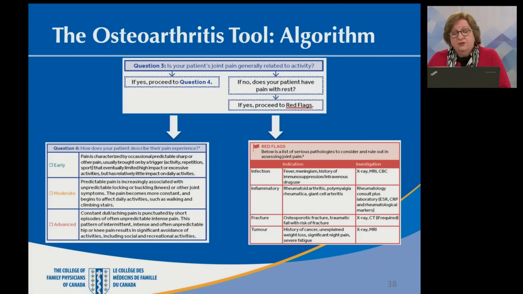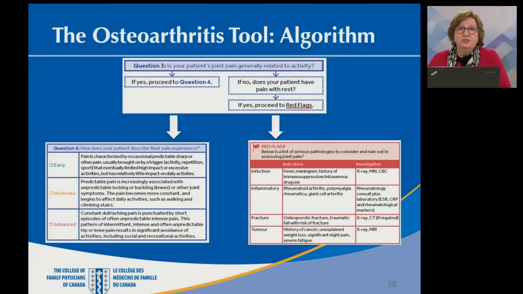Red flags, think of infection, inflammation, fracture, and tumor. So those are 4 of the common, most common red flags for joint pain. And this table gives you some of the potential differential diagnosis as well as investigations.